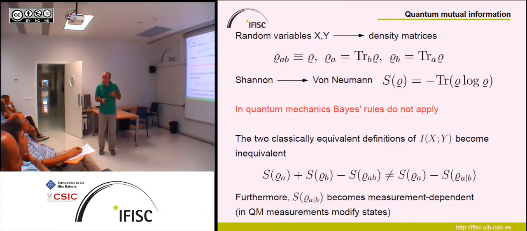The main difference between quantum and classical information theory with respect to the description of mutual information is that in quantum theory in general, Bayes rules do not apply, are not valid. This means that if we start from the definition of I and try to quantize it, we find different non-equivalent quantum analogs.